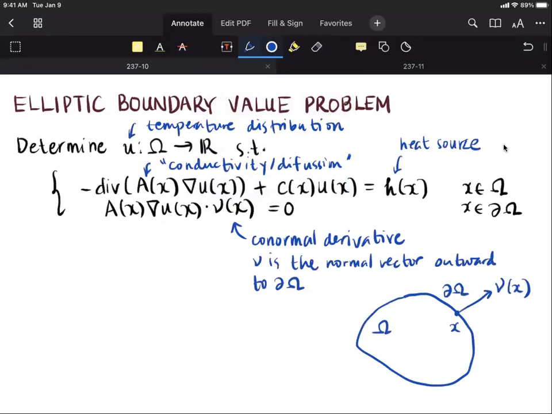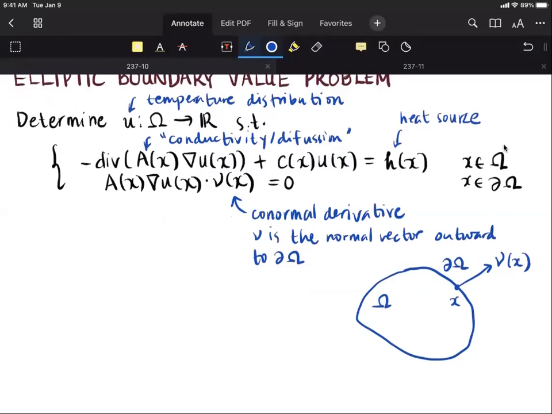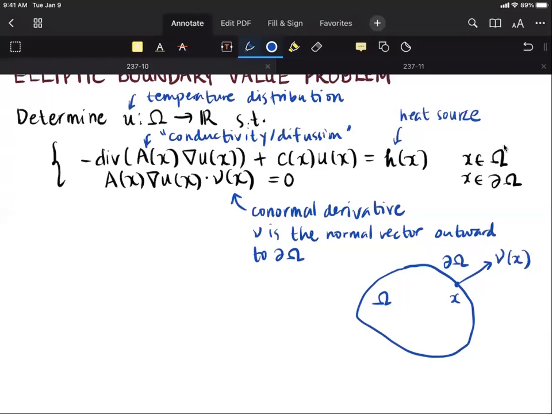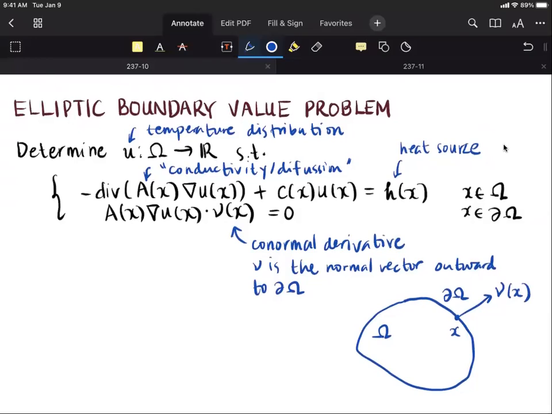And C here, you can think of this as some sort of a friction term. So we want to determine a function u that, given a heat source, knowing the diffusion matrix and the function C, satisfies this boundary value problem, which we denote by BVP.